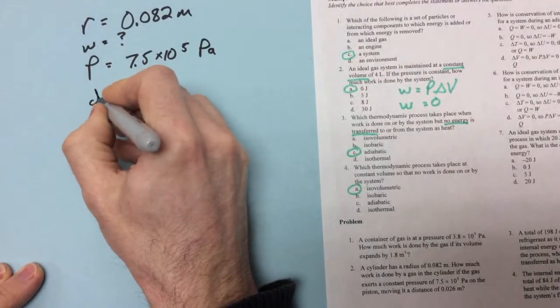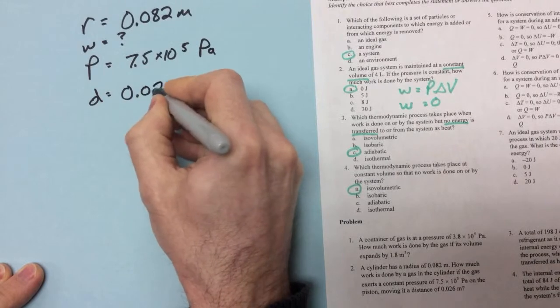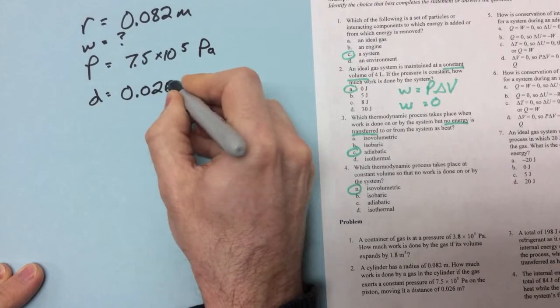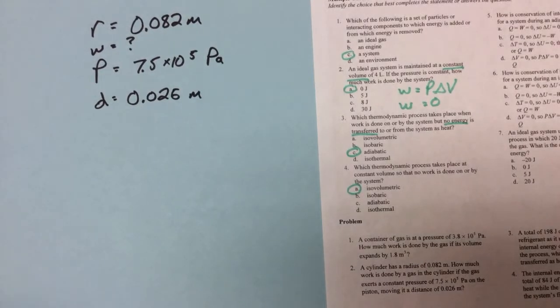So it's going to be moving a distance of 0.026 meters. Okay, and the distance is not exactly clear in the problem whether it's expanding or contracting, but the way I read it, I think it's expanding, and I think you could probably argue either way, but it appears to be expanding, so we're just going to keep everything positive in this case.